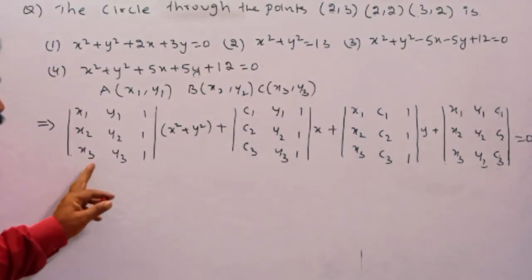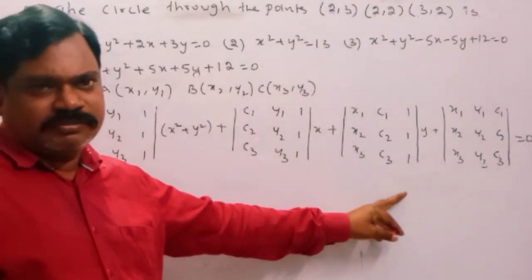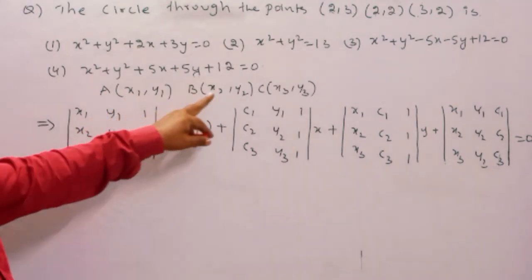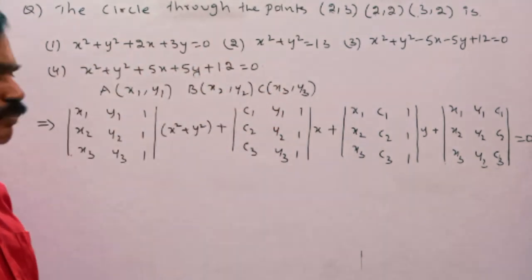This is the direct circle equation which passes through the 3 points (x1, y1), (x2, y2), (x3, y3).